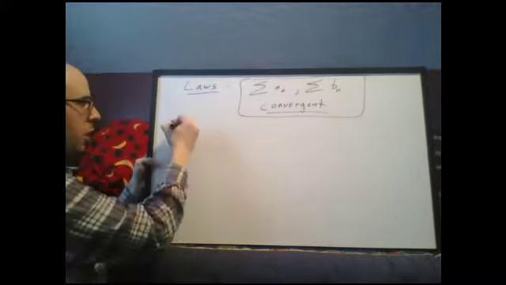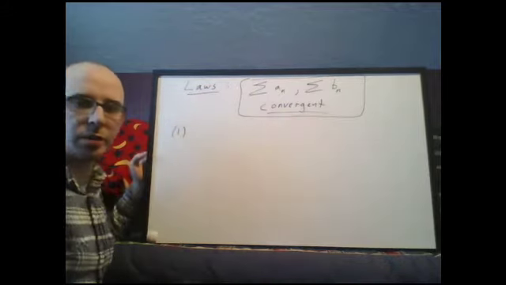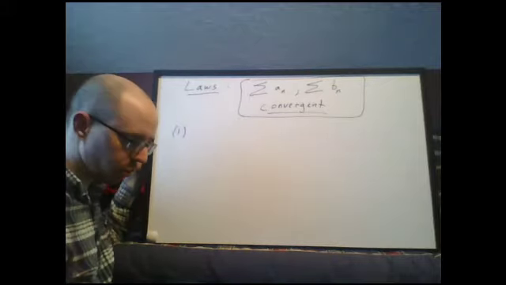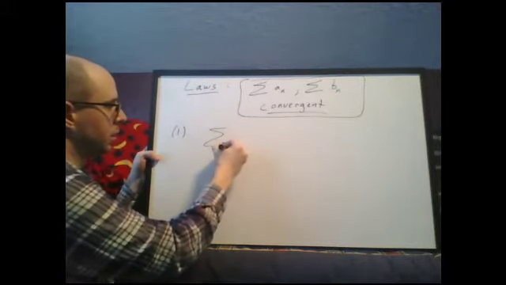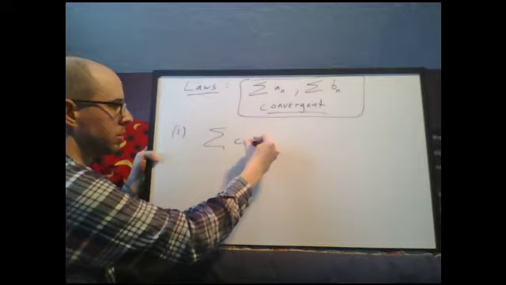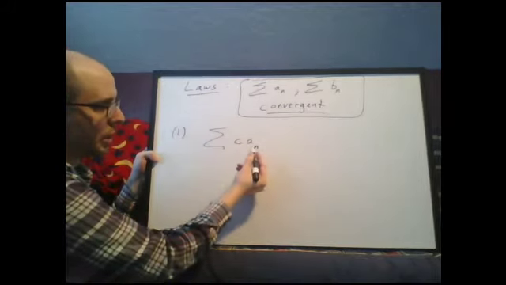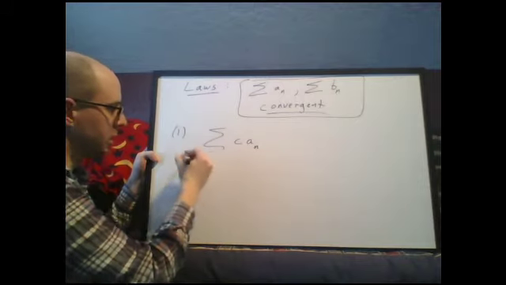Then when we're dealing with convergent series, we have some laws that we can use. So one of them is the constant multiplier law. c times a_n, where c is a constant.